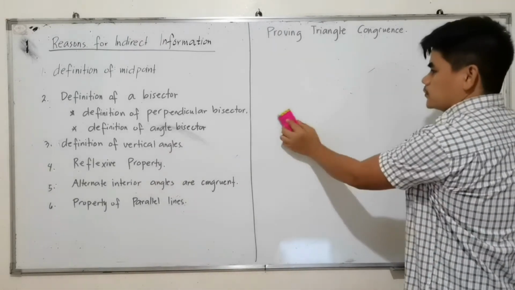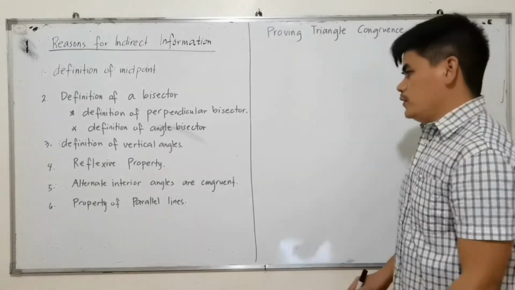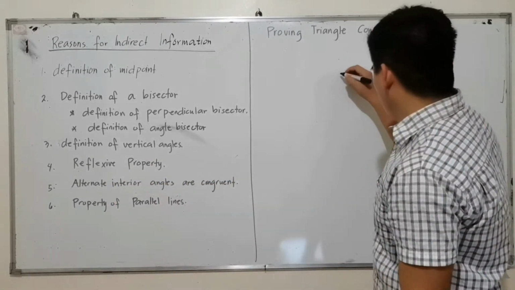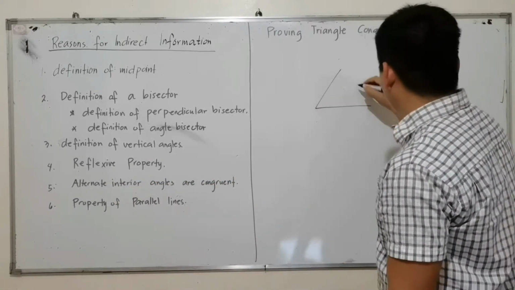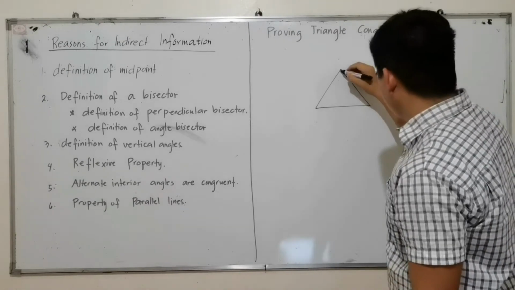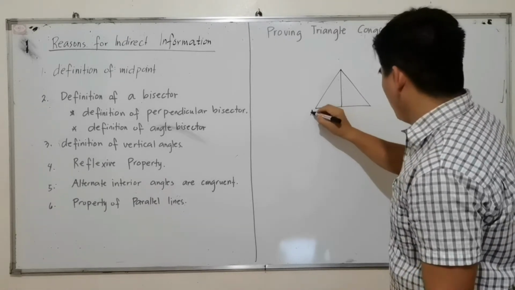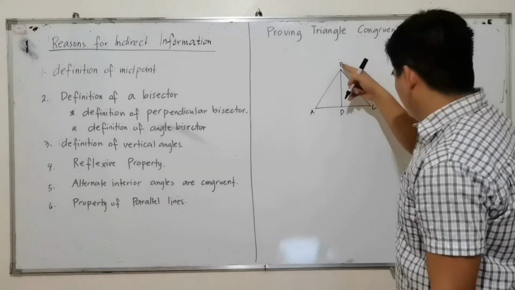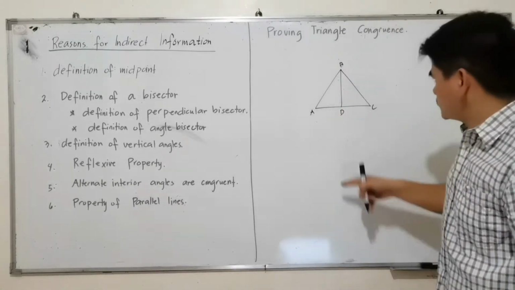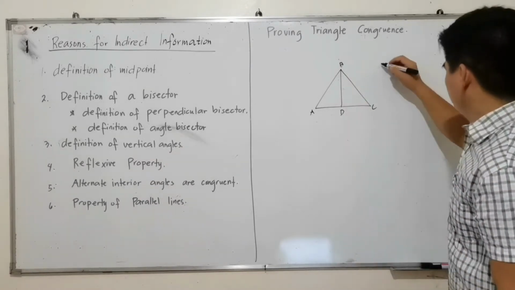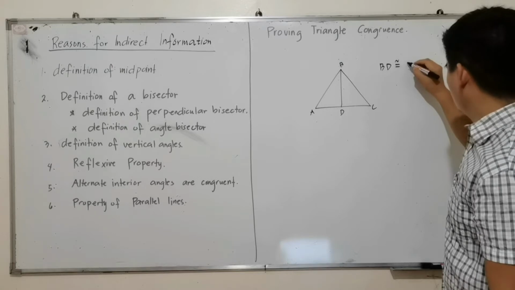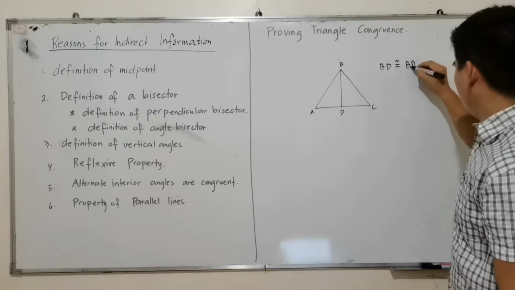Now let's proceed to number 4. Reflexive property will be like this. For example, if this is triangle ABC with this side BD, then BD is congruent to BD.